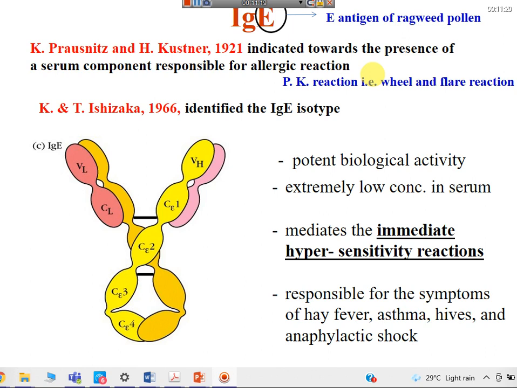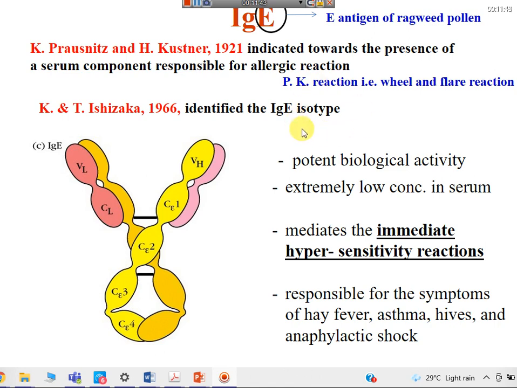They gave the PK reactions or wheal and flare reactions. You must be knowing these are very popular now to test whether a person has allergy towards a certain antigen or not. And it was K. and T. Ishizaka in 1966 who identified the IgE subtype or isotype of the antibodies.